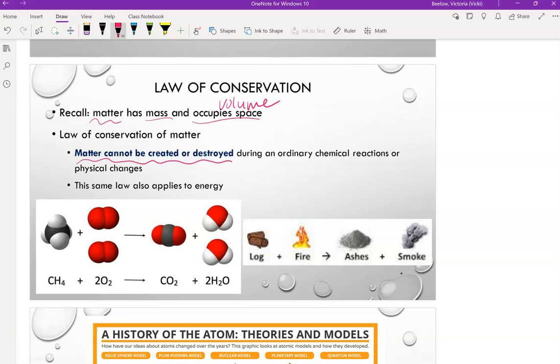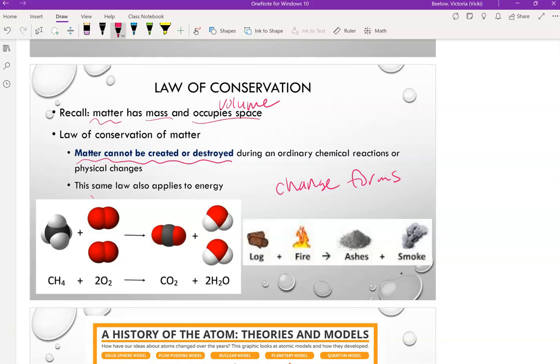And in an ordinary chemical reaction, because if you get into nuclear chemistry, it gets kind of a little fuzzy with are you really creating or destroying an atom because you're breaking apart the nucleus. We're just going to talk about ordinary chemical reactions. They obey this law. And the same thing applies to energy. You can't create or destroy matter or energy, rather they change forms.